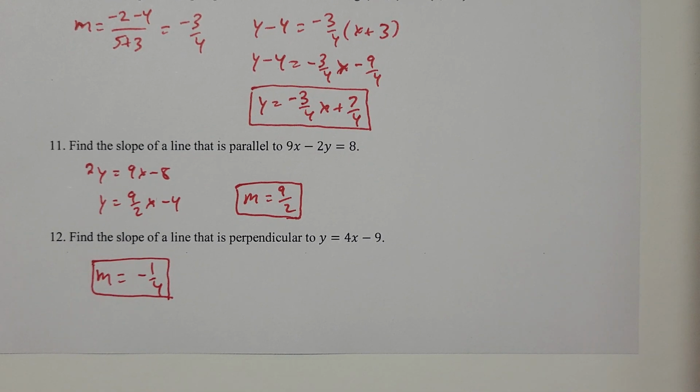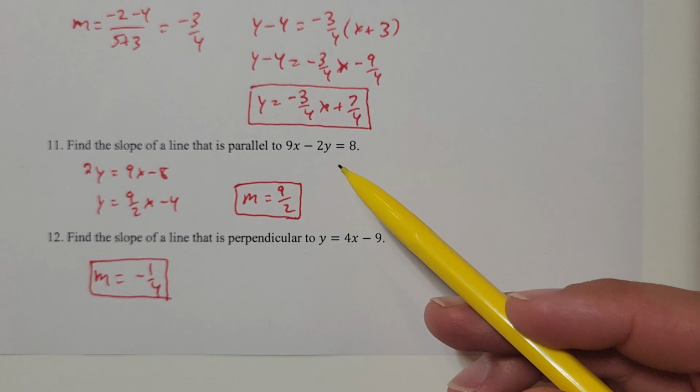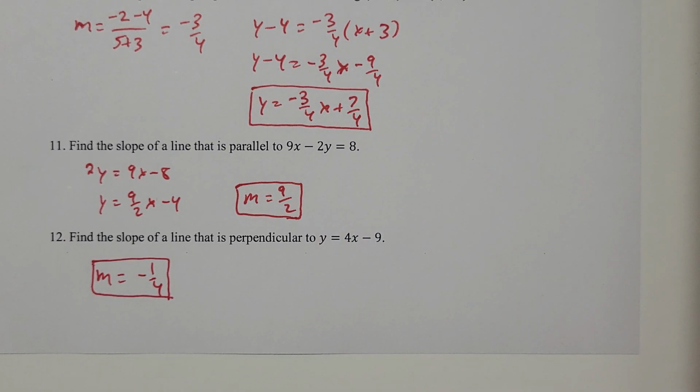So problem 11, I want us to find the slope of a line that's parallel to the line 9x minus 2y equals 8. Okay, so parallel lines have the same slope. So all I have to do is I need to know the slope of this line that I'm given. Well, let's get that into slope-intercept form, y equals mx plus b.